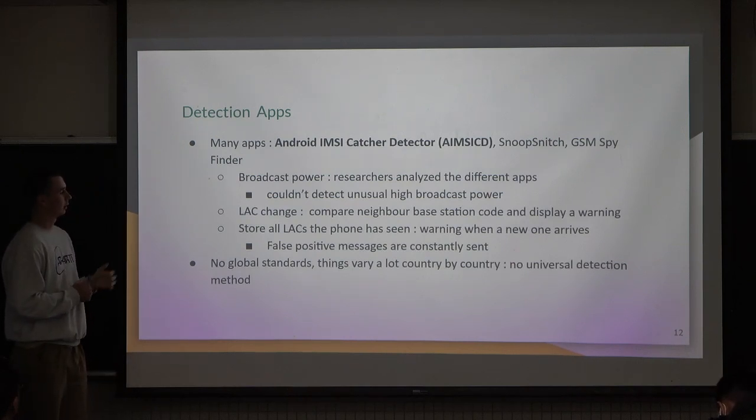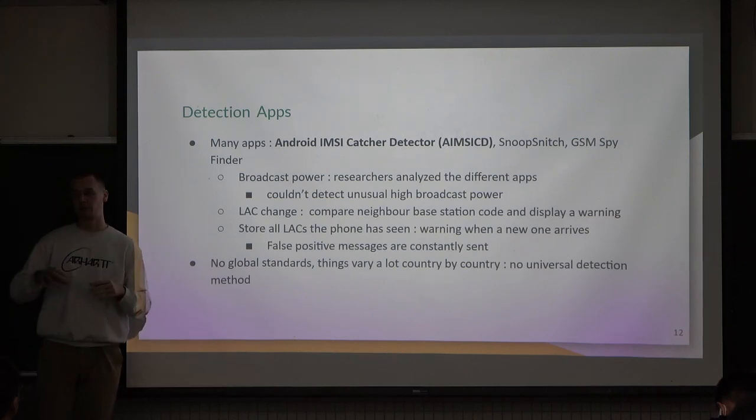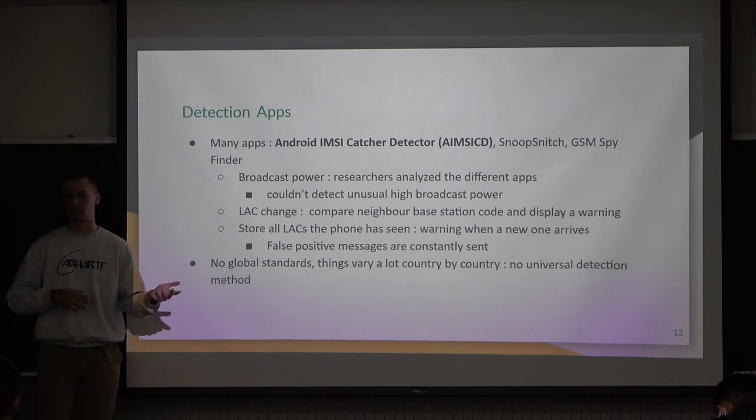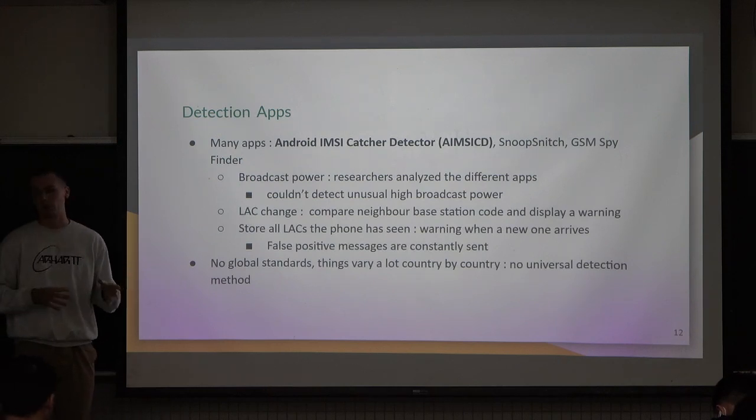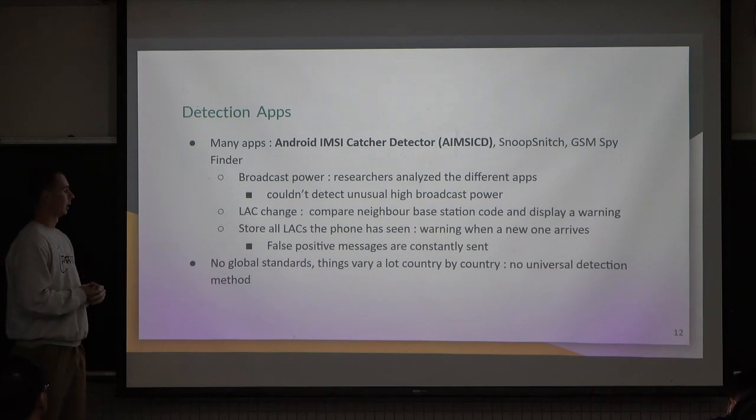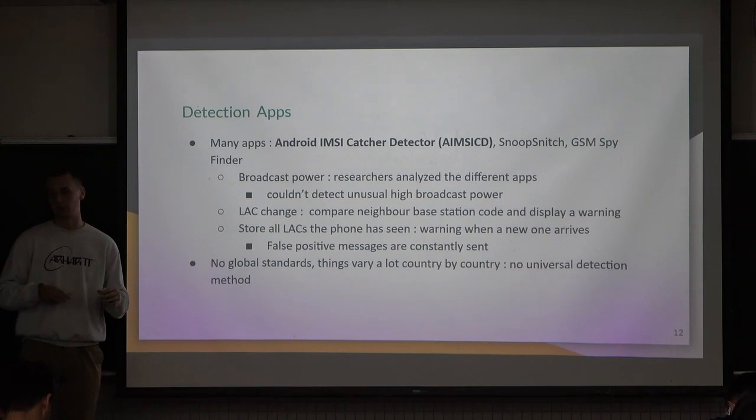And for the LAC changes, the main goal was to compare the code between some antennas in a zone, and if the code is way different, that means it's not a true antenna. But to do it, it was pretty hard because maybe some antennas don't have the same code in our area, and so the solution was to store all of the codes that the phone has seen.